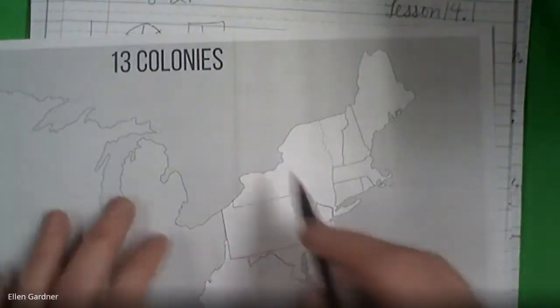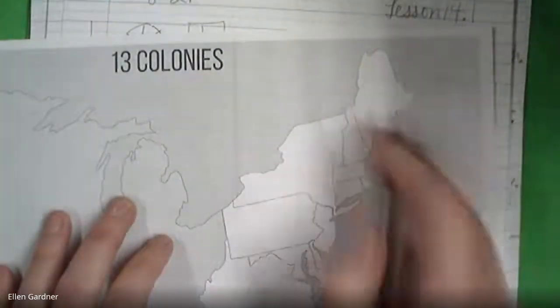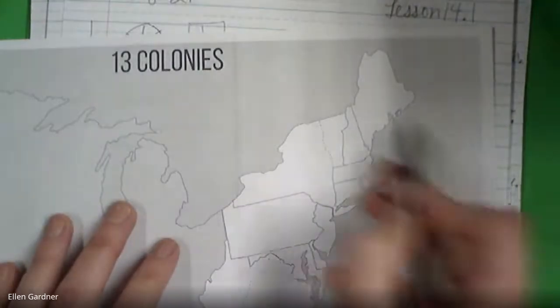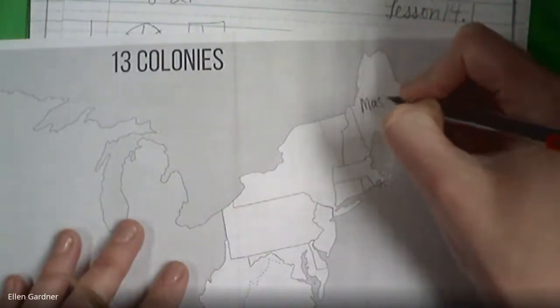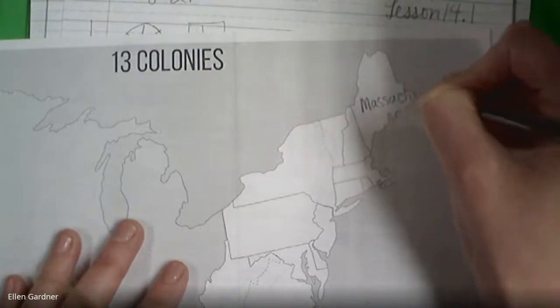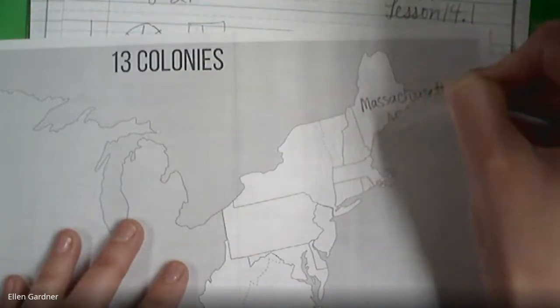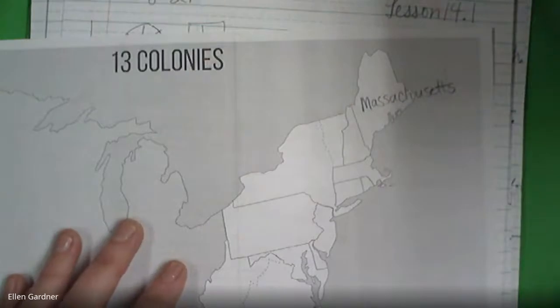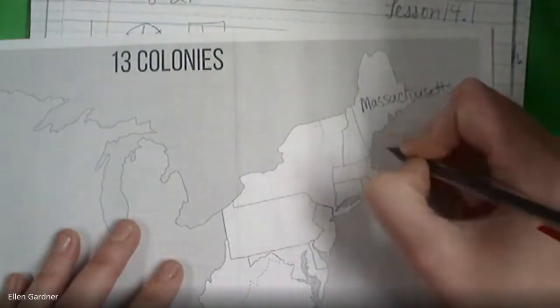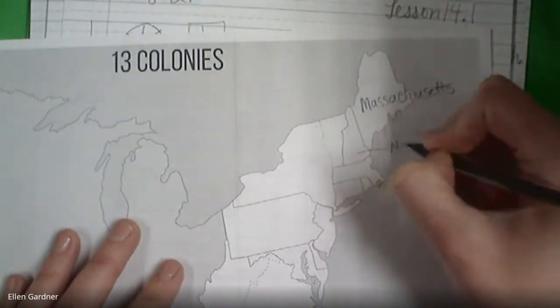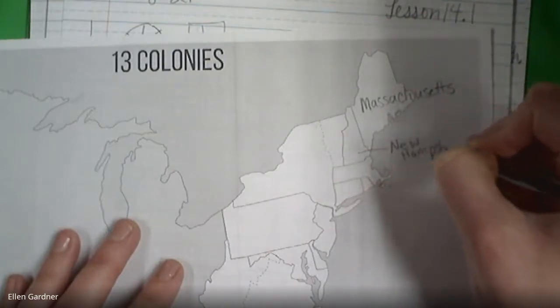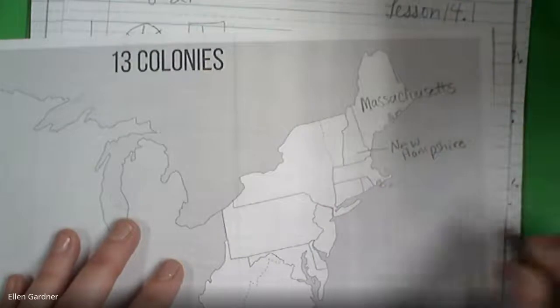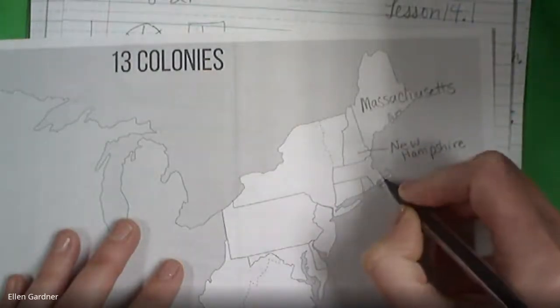As much as possible, I'm going to write it in the state borders, but if it doesn't fit, I can draw a line from the side. And same for you. Massachusetts. Okay. The next one here is New Hampshire. New Hampshire. Now this is also Massachusetts.